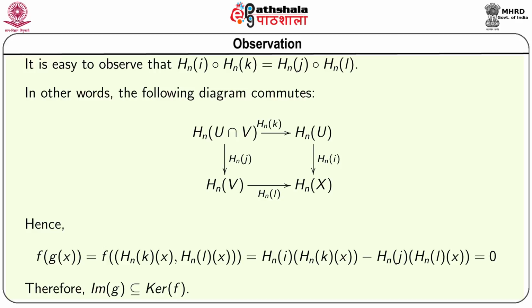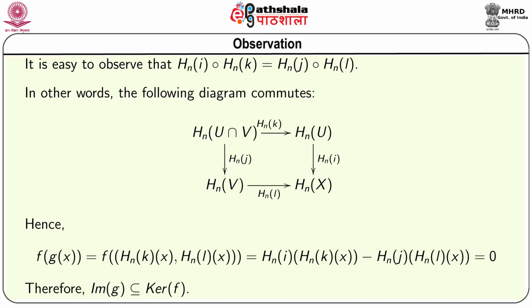Since the diagram commutes, if we take f of g x for any x from the domain of G, then that is equal to f of H n k x comma H n l x, and that is equal to H n i of H n k x minus H n j of H n l x.